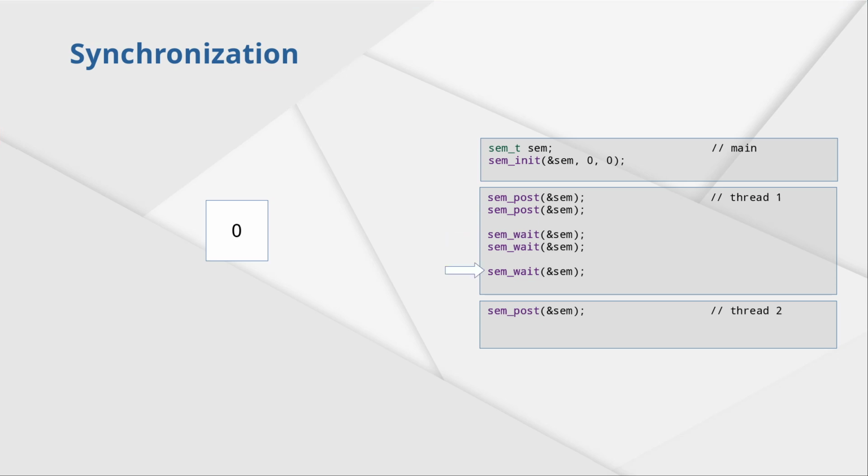But what about the third one? The third call will not set value of this semaphore to -1, but rather block the calling thread. It will wait and wait, stay blocked, until another thread attempts to increase value of this semaphore to 1. Only at that moment, the third semwait call would complete its job and set value of the semaphore to 0 again.